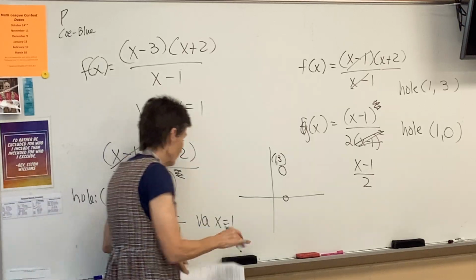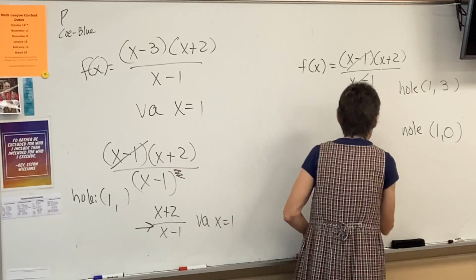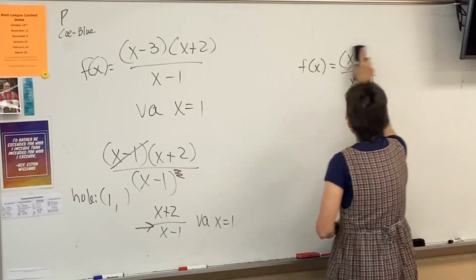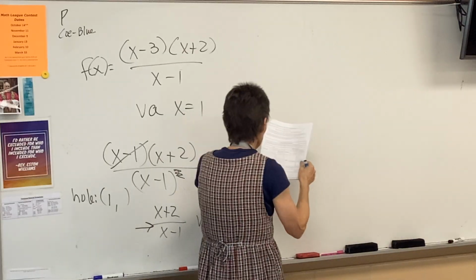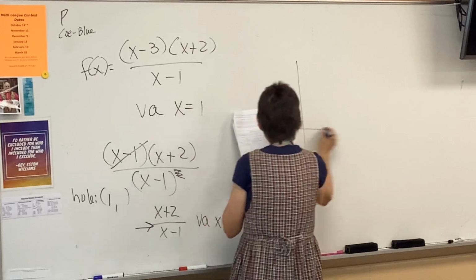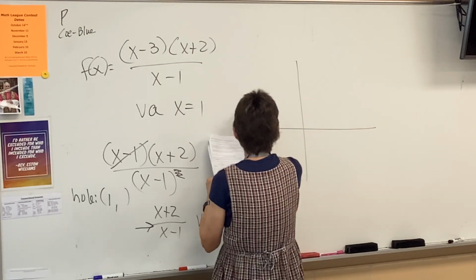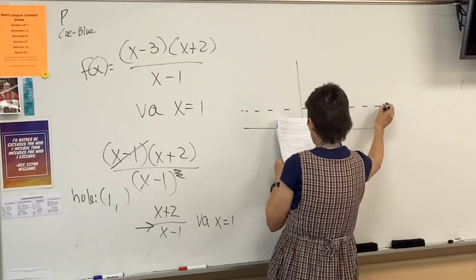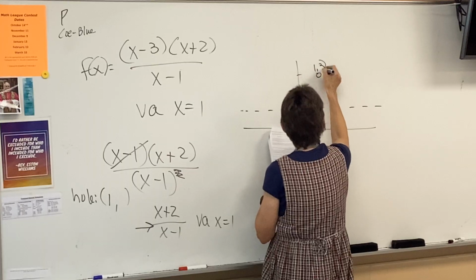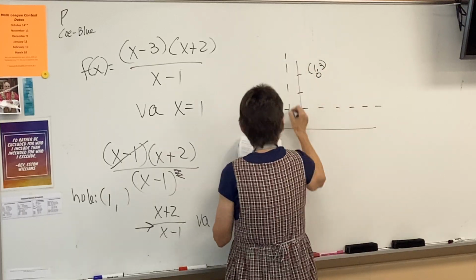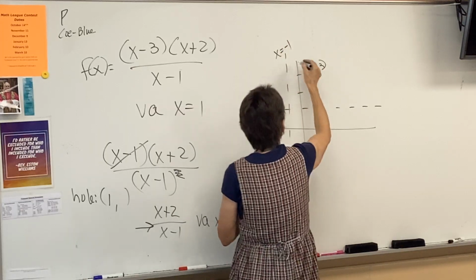All right. Now, we need to talk about our vocabulary for a minute. So let's go back to this problem. Let's look at the first column. And it had a hole at (1, 3). And somebody scratched it. And it looks like this.